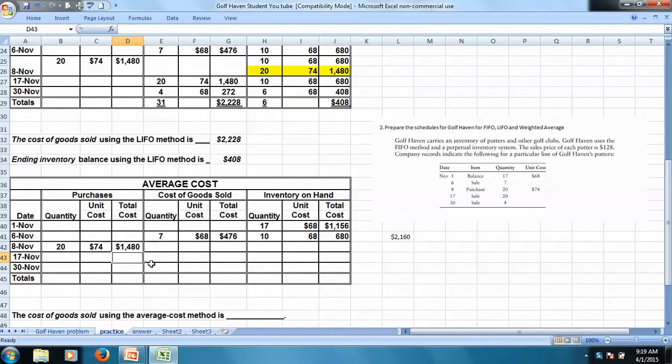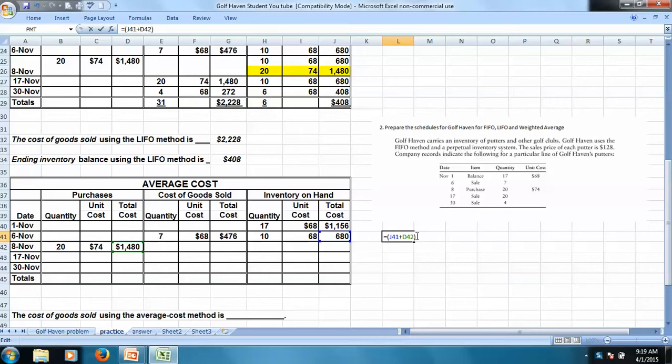Now to figure out the weighted average cost of the putters in the store, because we have 10 putters at $68 and we have 20 putters at $74, what is the weighted average? Well, in order to do so, you have to take the total cost that's sitting in your inventory, add it to the total cost of your purchases, and then take that number, and that's how we do it in Excel.